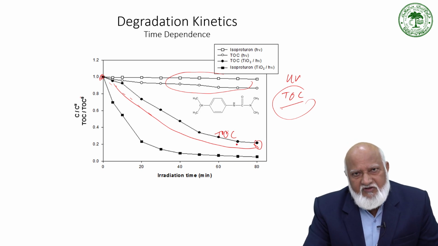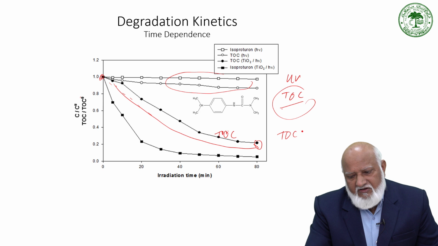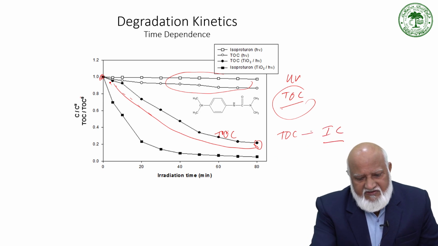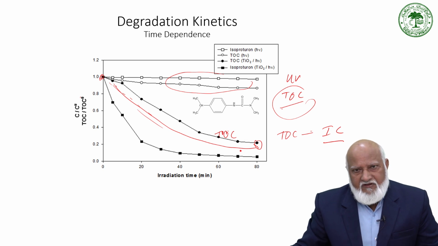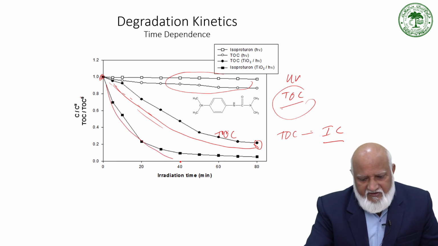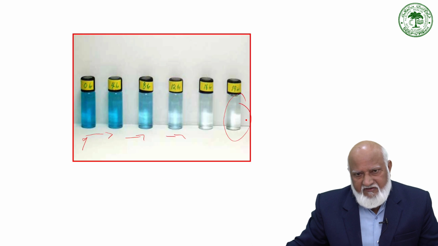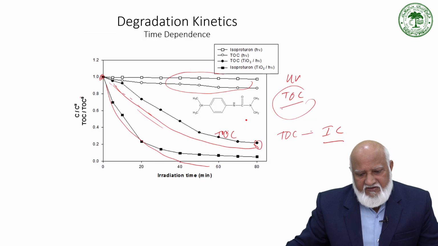How much organic carbon is mineralized from organic carbon to inorganic carbon, TOC to IC. So you can see that these reactions are not only degrading, as we have followed by UV here in this one, but this is the TOC.